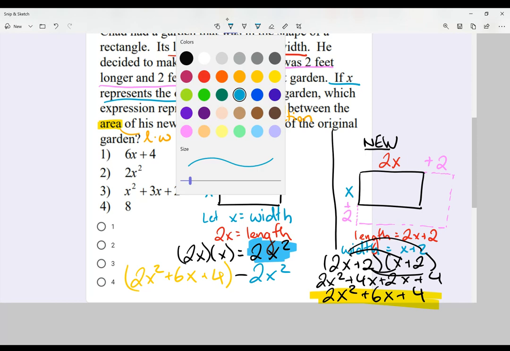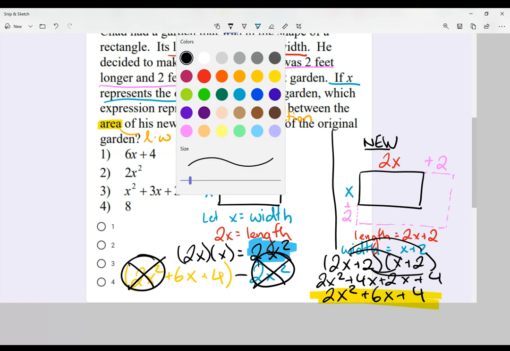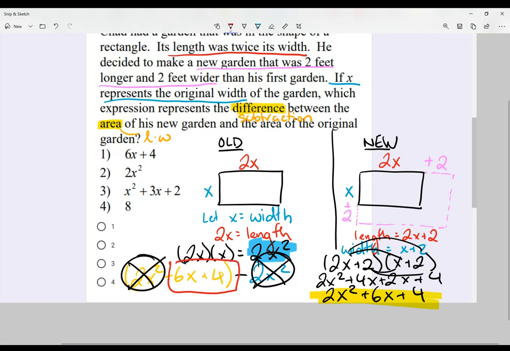And as we know, we can only combine terms that are like. So the only like terms are 2x squared and 2x squared. And 2x squared minus 2x squared cancels out, equals 0. And we are left with 6x plus 4, meaning your answer is number 1.